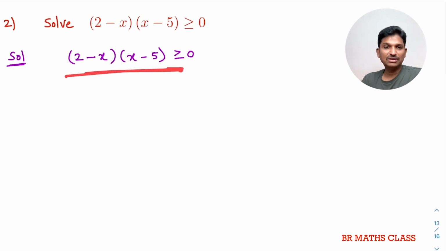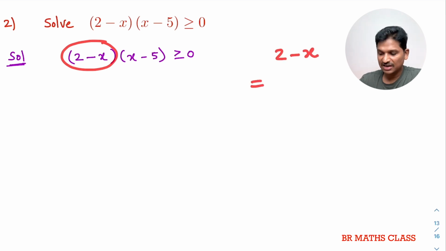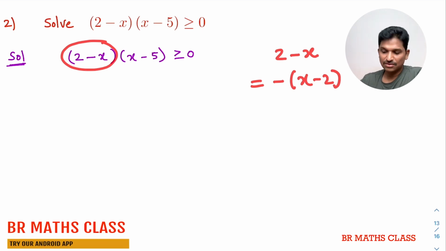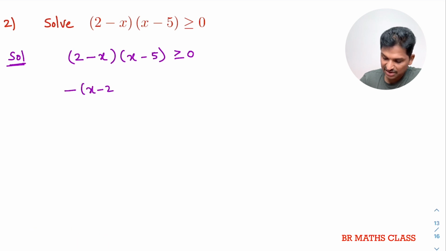I want to solve this inequality. As here x minus a is not there, I want to write this in the form of x minus a or x plus a. What I will do, I will take minus common. See, you know that 2 minus x can be written as minus of x minus 2. Minus, if we take common, 2 minus x can be written like this. Okay. So here minus of x minus 2 into x minus 5 greater than or equal to 0.